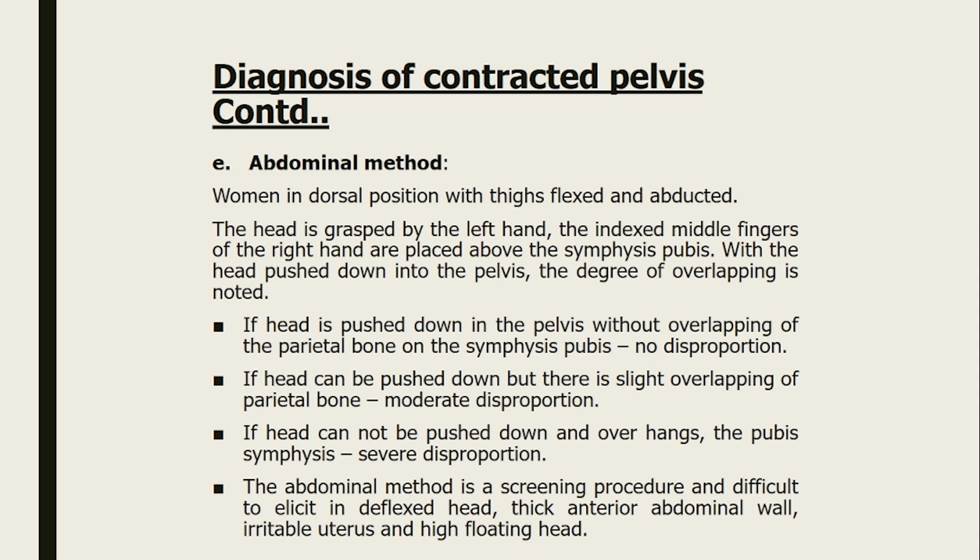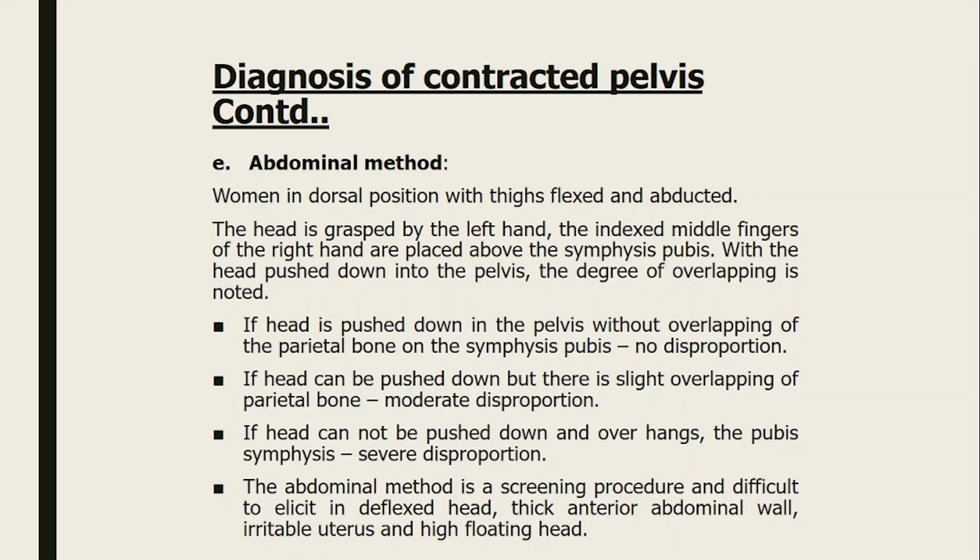But if the head is pushed down with slight overlapping of the parietal bone, that shows a degree of moderate disproportion. If the head cannot be pushed down at all and it overhangs the pubic symphysis, this shows severe disproportion.